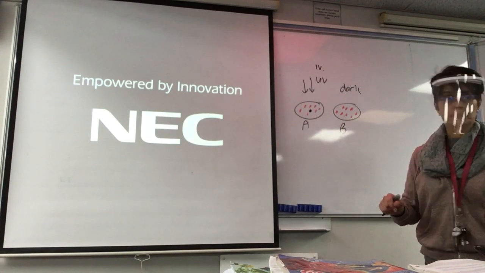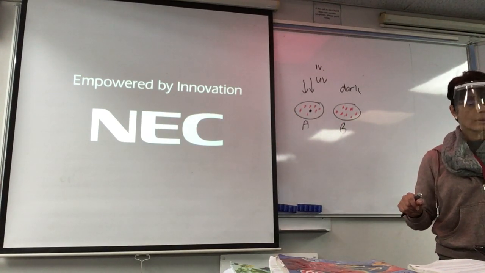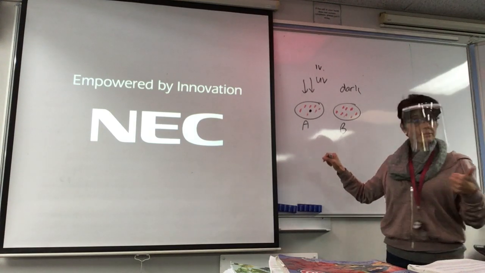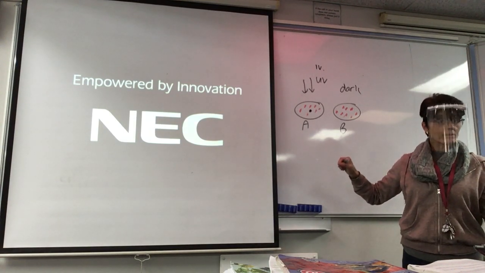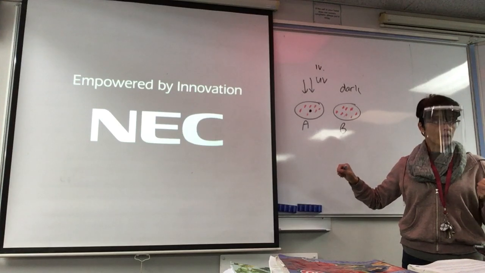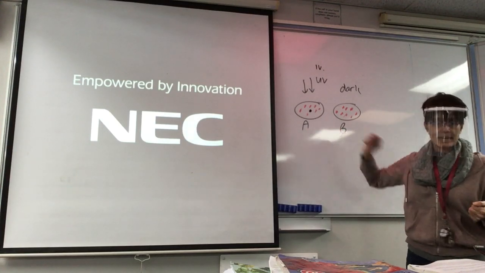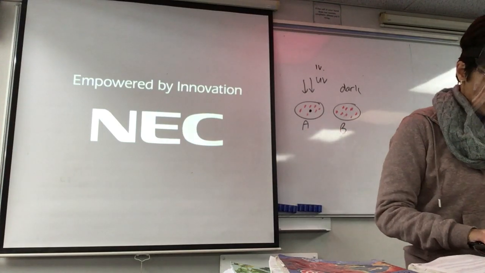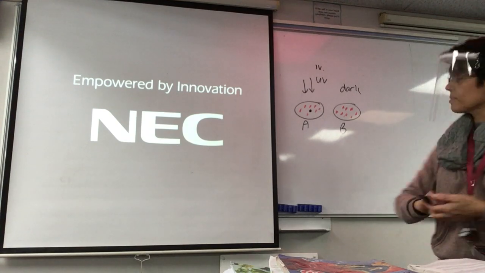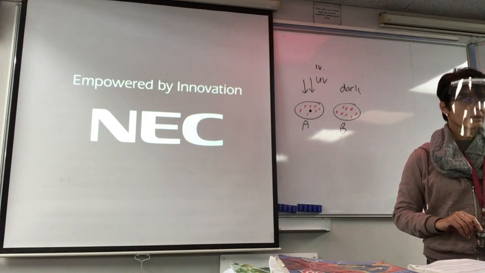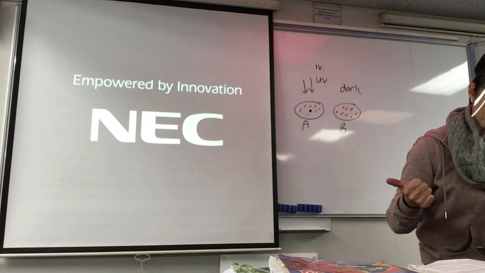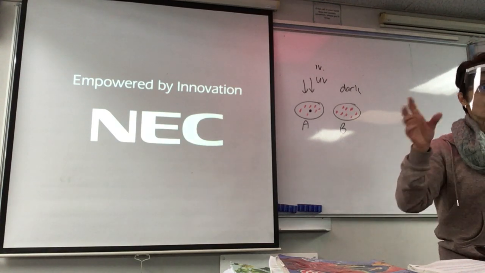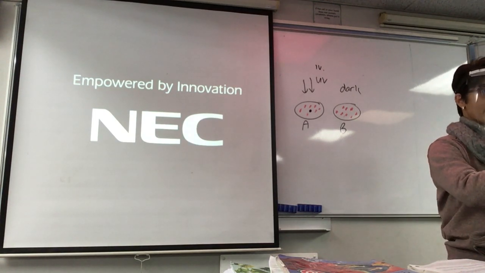Dependent variable: changing color of the bacterial colony. All right. Then controlled variables, lots. The bacterial colonies were allowed to grow for 5 days.